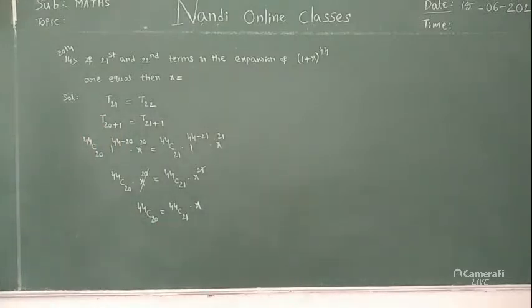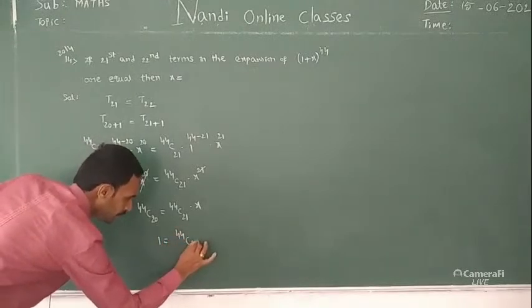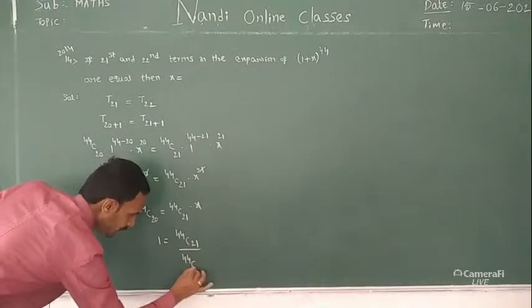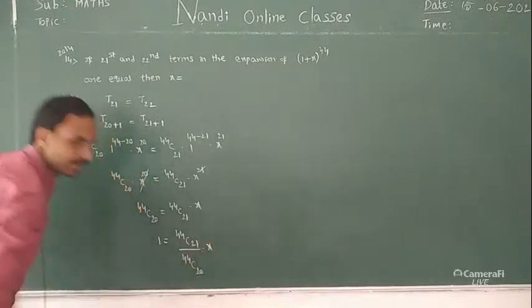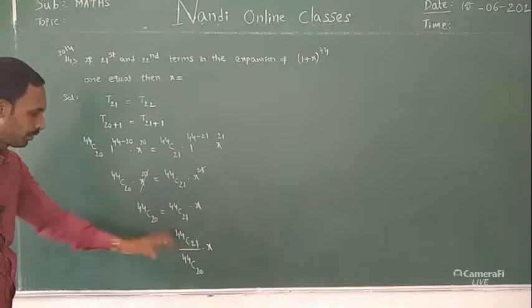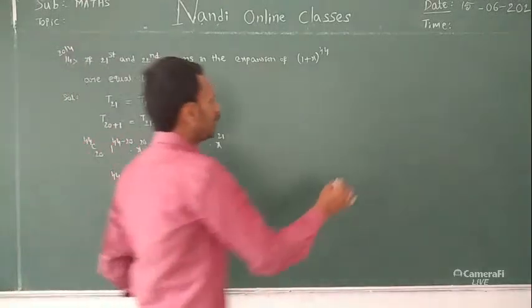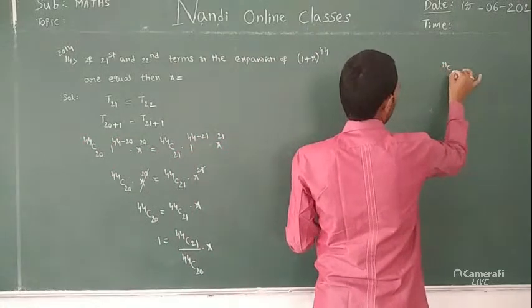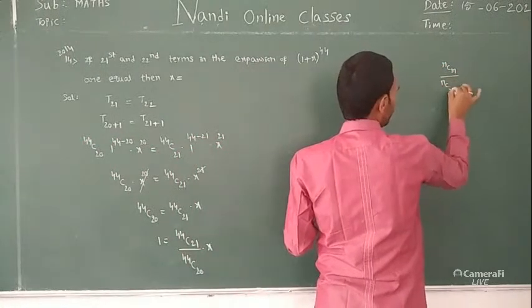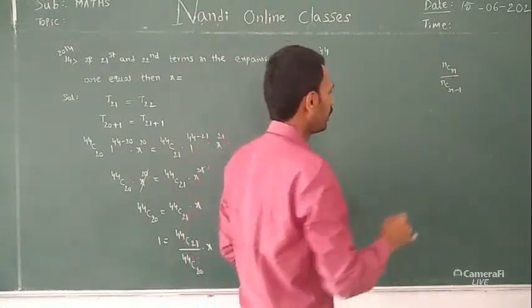Then 1 is equal to 44C21 by 44C20 into x. So 1 is equal to 44C21 by 44C20. It is in the form nCr by nCr minus 1.